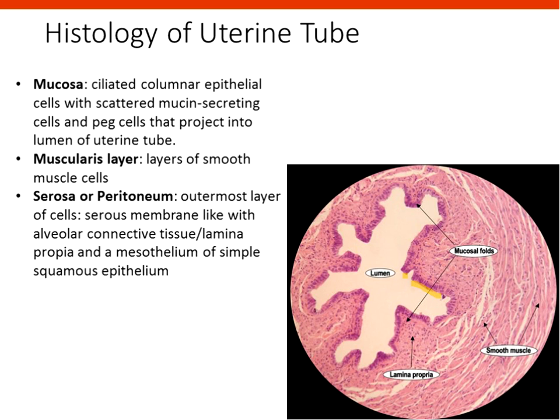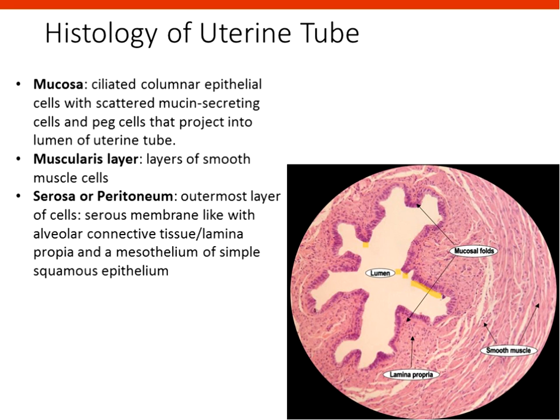There are also PEG cells that will project in here, and they'll help make secretions that are released into the lumen for sperm cells to have nutrients so they can maintain some ability to reside and be viable inside the female uterine tract.